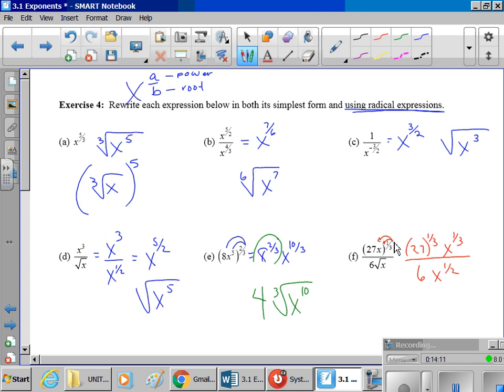Because 3 times 3 is 9, times 3 is 27. Again, we can use your calculator. You get 3, and you do 1/3 minus 1/2, which is negative 1/6. All right, x to the negative 1/6, which is the same thing as 3 in my numerator and the 6th root of x in the denominator.